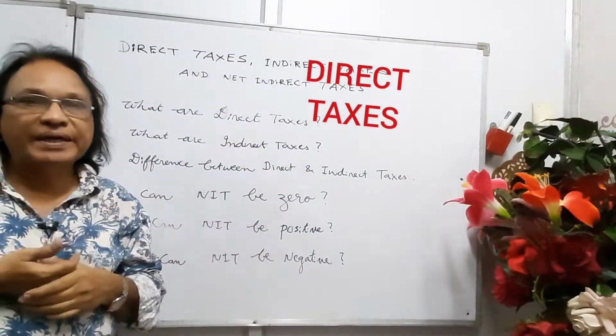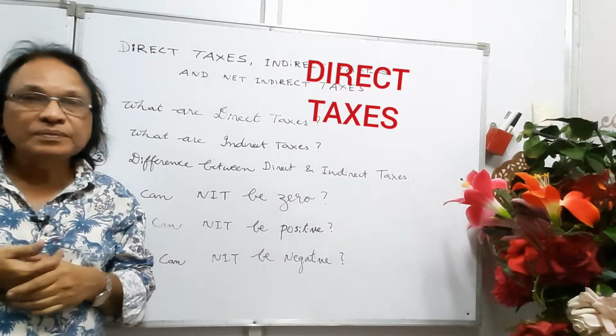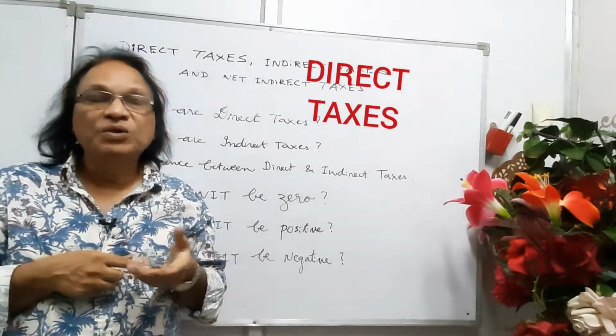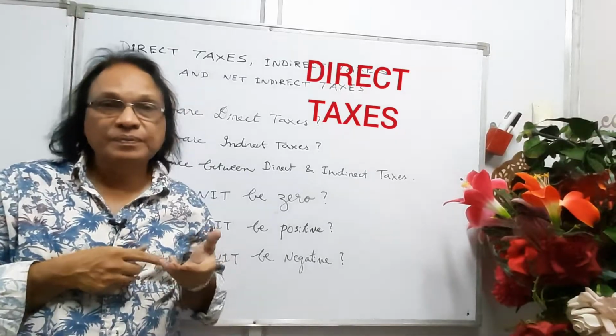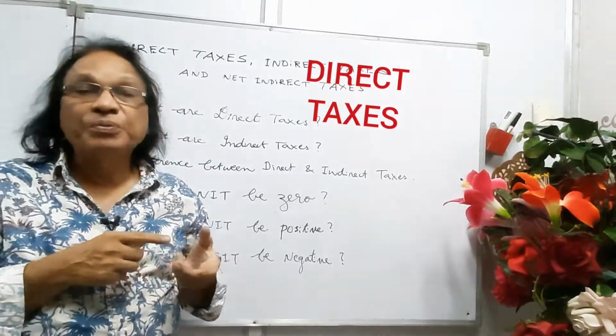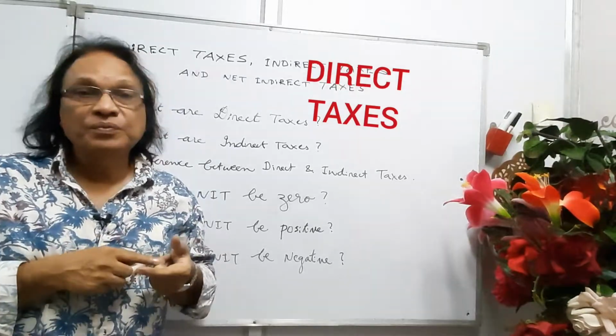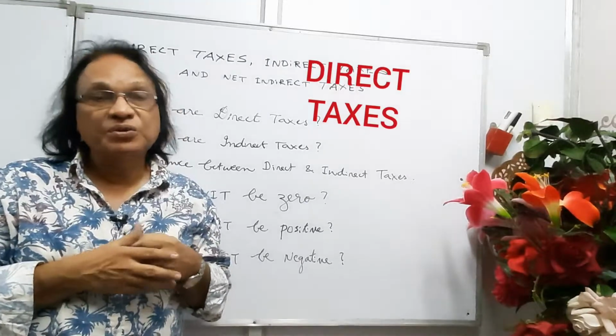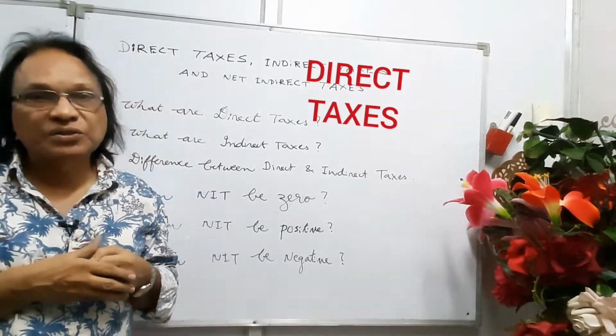How do you define direct taxes? We all pay direct taxes. I just told you, we pay income tax, property tax, house tax, wealth tax, service tax. These are all direct taxes.